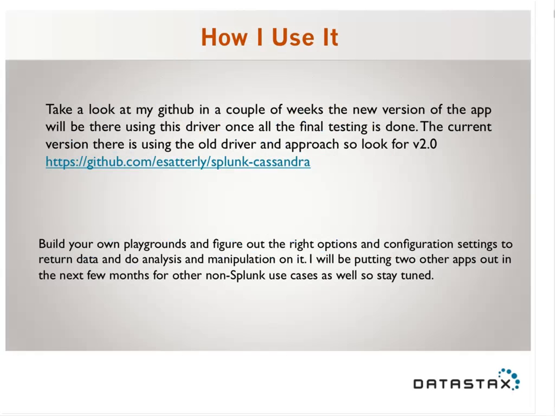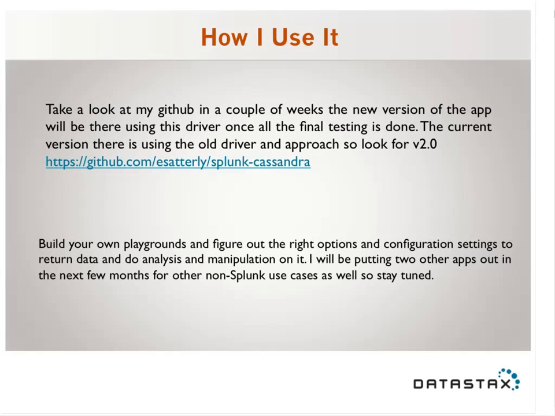I had to do a couple of updates to it recently, and they're doing some final testing, so I'm just waiting for them to get time to get back to me to make sure that everything was fixed and that we've got all the bugs out, because this is going to hit production in most people's environments. I want to make sure that everything's fully tested and ready to go.